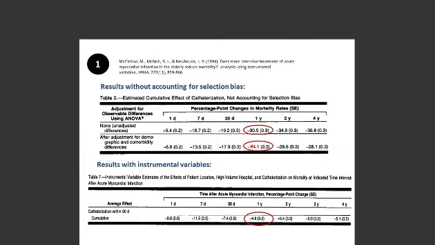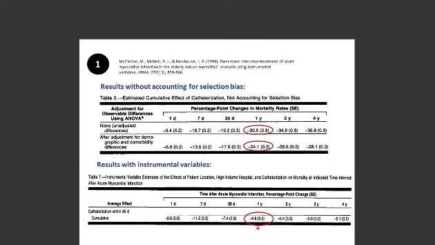They adjust for demographic and comorbid differences and show that this effect reduces slightly. However, when instrumental variables are used, the cumulative effect of catheterization is much smaller. It's negative 4.8 percentage points.